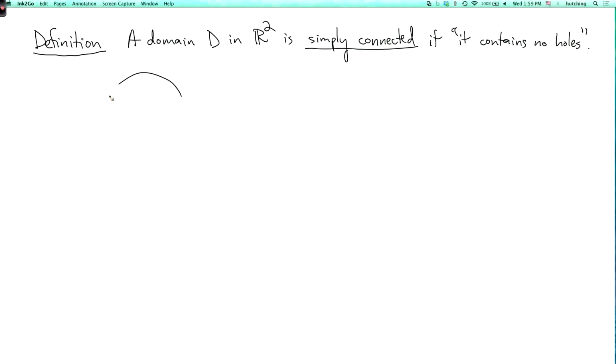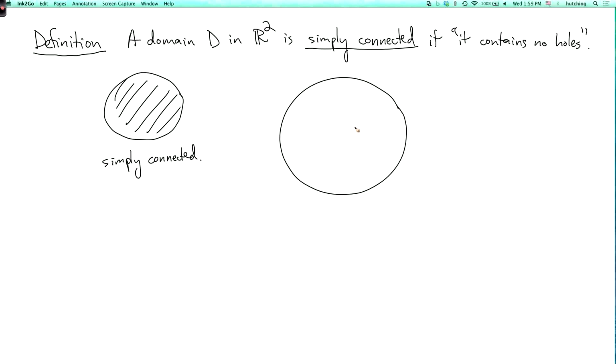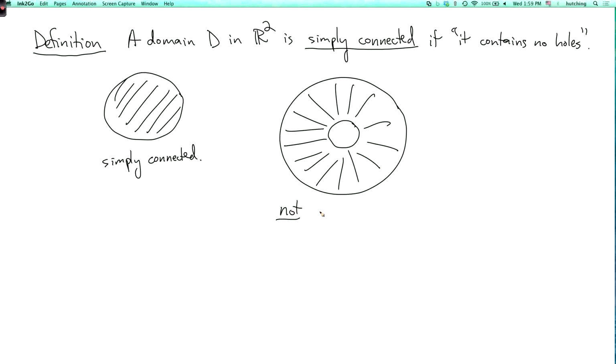So for example, if I take a disk, then this is simply connected. If I take a disk and cut out a smaller disk, this is not simply connected. In fact, even if you just remove a single point, like a disk minus the origin, then that's already not simply connected.